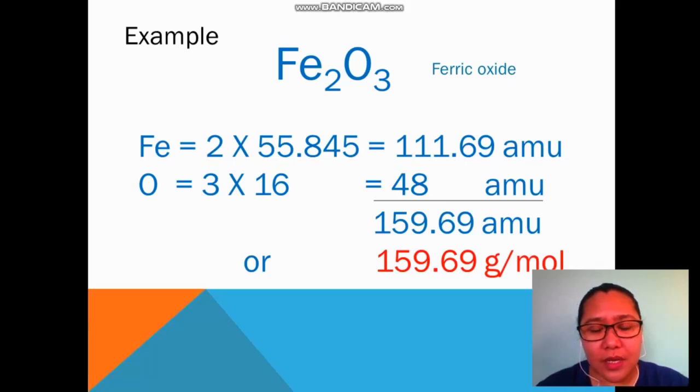Where did the number 2 come from in our formula? The 2 written as a subscript indicates that there are 2 atoms present, so you just multiply that number by the atomic mass of the element. The same goes for oxygen, wherein you have 3 atoms in this particular compound. You have 3 times 16 to get your 48.